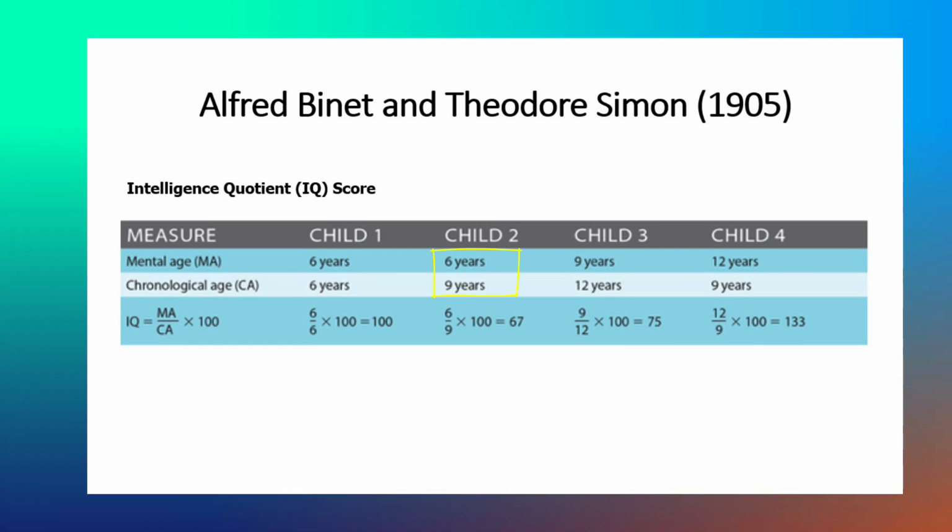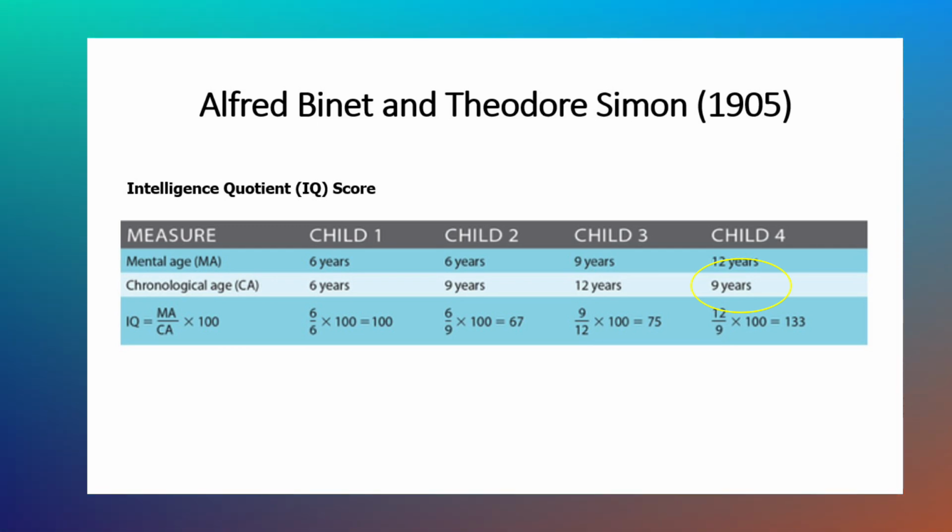If you have a child who is 12 years old and performing at the level of the average 9-year-old child, then their mental age is 9 years. And if you have a child who is 9 years old but performing at the level of the average 12-year-old child, then their mental age surpasses their chronological age.